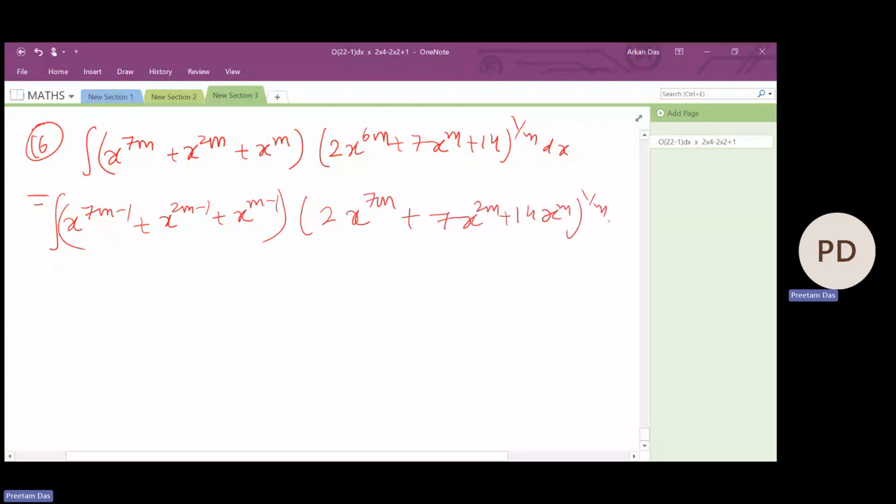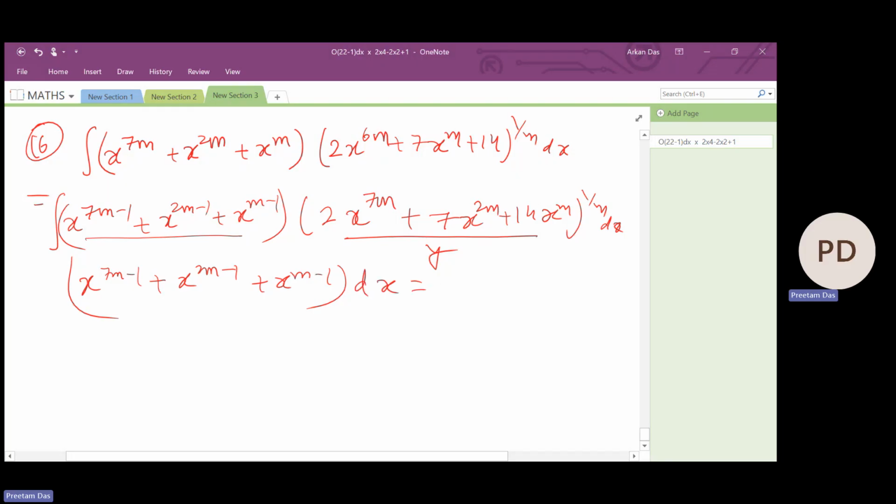Clearly we can see this is our y. Differentiate this and you will get this. So x raised to 7m minus 1, x raised to 2m minus 1, x raised to m minus 1 dx will become what? When you simplify and differentiate, you'll get a 14. So 1 over 14m dy. So what will be I?